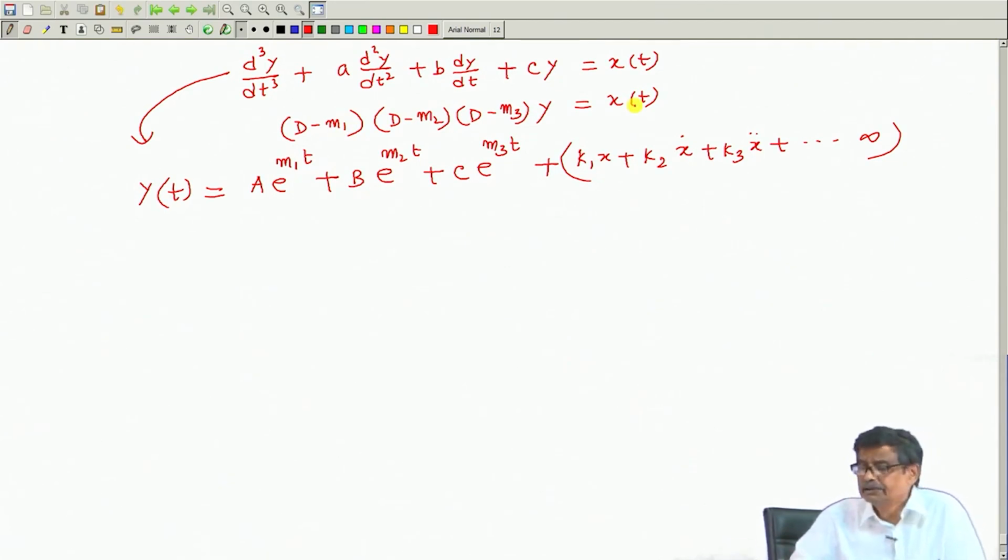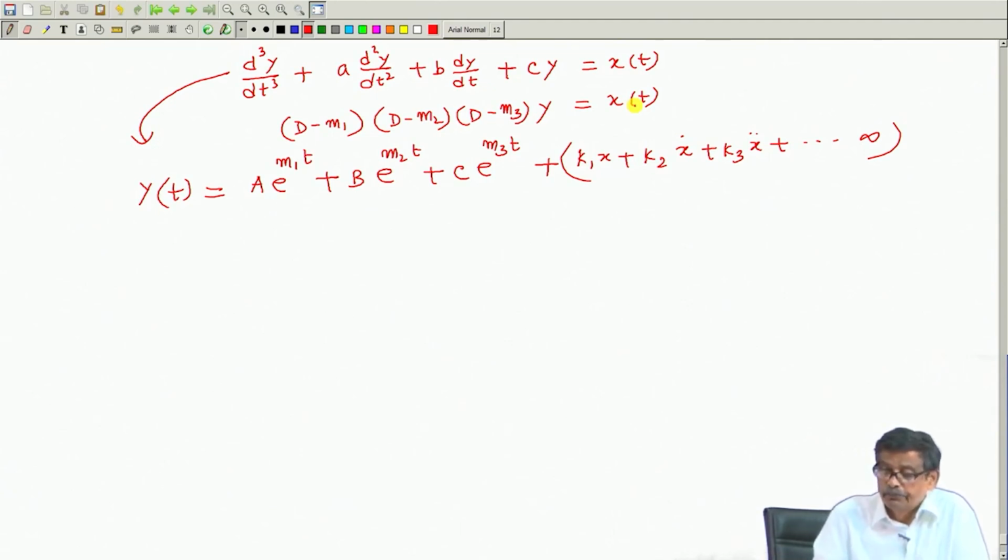Then the second part is how to find out k 1, k 2, k 3. The solution due to forcing function alone satisfies this differential equation, put it there, treat it as an identity, equate the coefficients of the like terms of the left hand and right hand side, get k 1, k 2, k 3, put those values.